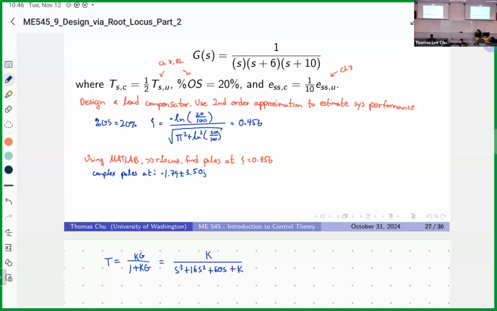My exams for lag, lead, PD, or PI will all be second order systems. So when you design it, it's not a second order approximation, it is a second order system. The uncompensated system is going to be a second order system, so when you look for the complex poles and zeros, you don't have to use the root locus. You can just use second order form. I hope that answers your question.